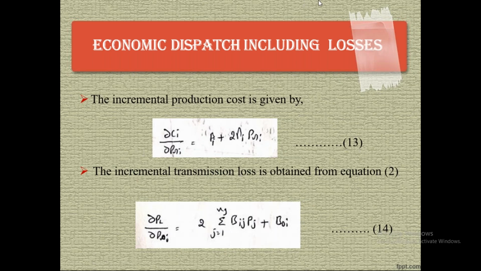After finding these two equations, we have to substitute the 13th and 14th equations in lambda. The equation we obtained previously is ∂Ci/∂Pi plus ∂PL/∂Pi. This lambda value includes the incremental cost equation plus the incremental transmission loss. Now we have to substitute these two equations in that.